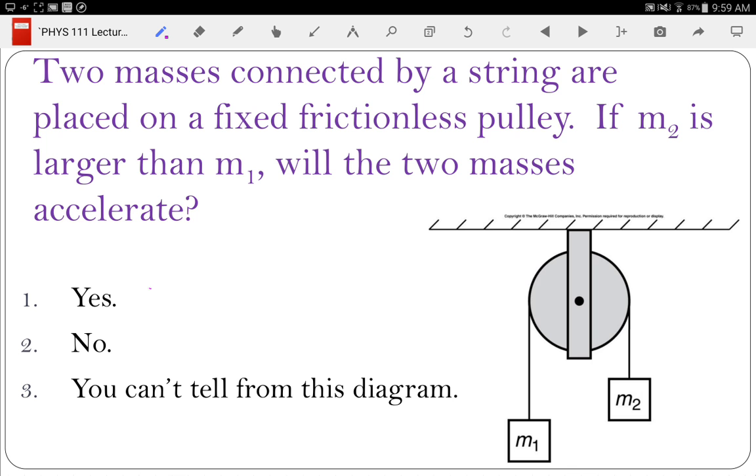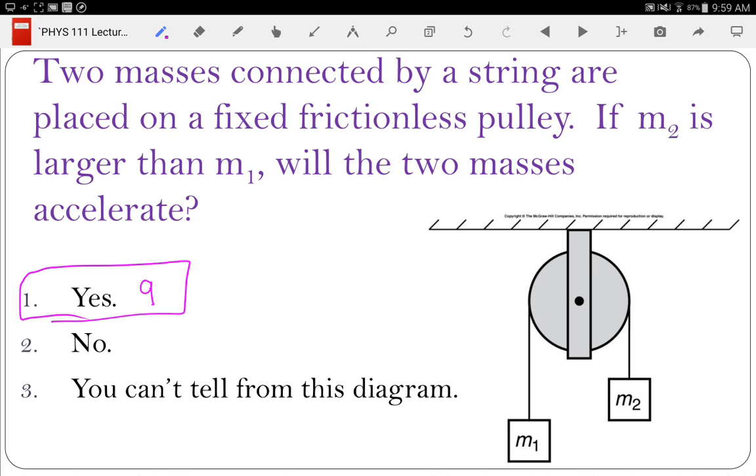Okay, every single person said yes. And they are correct. Based on what we just learned, we know there's going to be a tension in the string tying the two together. And we know that each mass is going to have a force due to gravity.